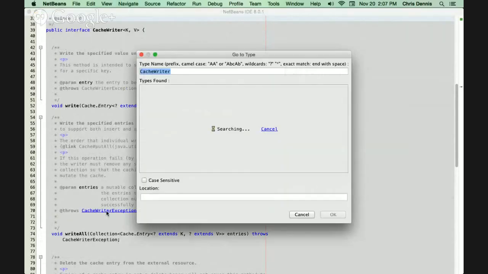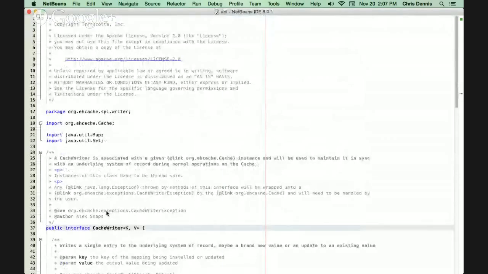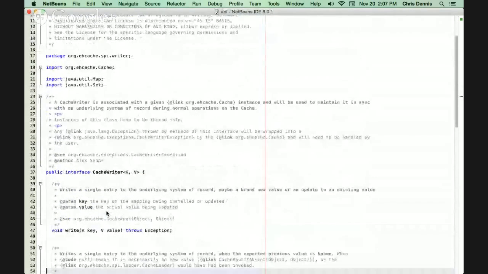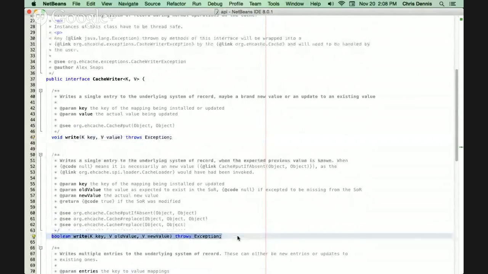Currently our cache writer has that method, which is the equivalent, but it also has this method, which is a CAS-like operation, or supposed to be implemented as a CAS-like operation on the system of record, i.e., map the key to the new value if it's currently mapped to the old value, with an old value of null being interpreted as this value should not be there.